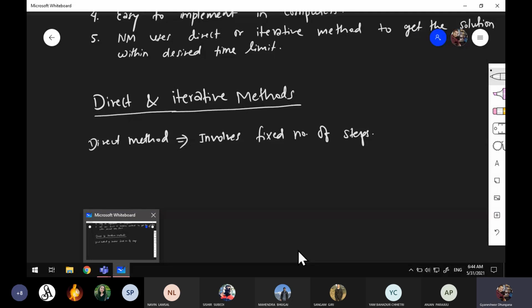That kind of numerical method is called the direct method. Some examples of direct methods, you will study this later, are, for example, Gaussian elimination.